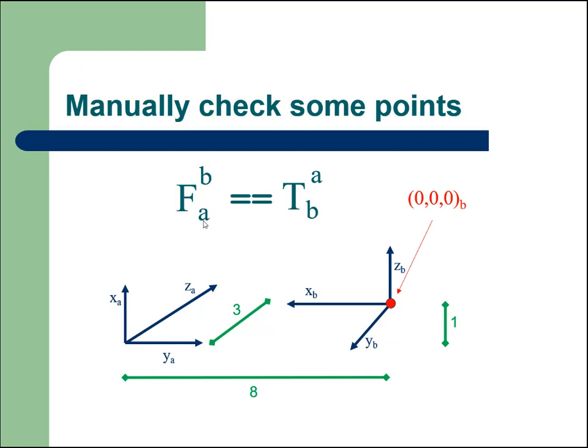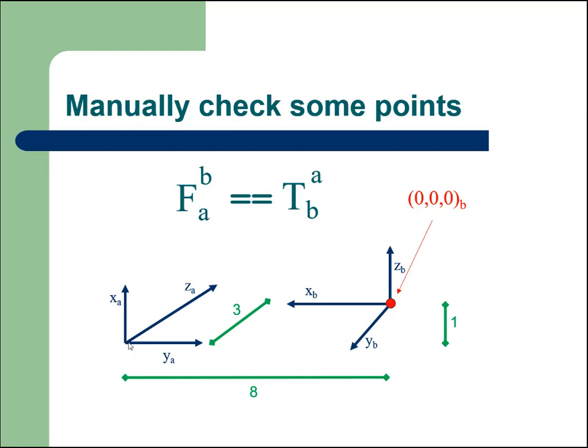Remember that we computed how to move the a-axis so it was aligned with the b-axis. That was the f from a to b, the same as the homogeneous transform from b to a. So if we start with a point in b, for example the origin of the b-axis, we should be able to find the location of that same point relative to the a-axis.